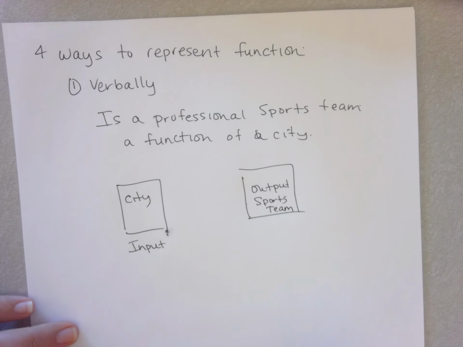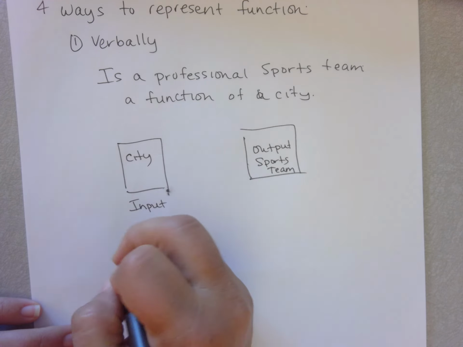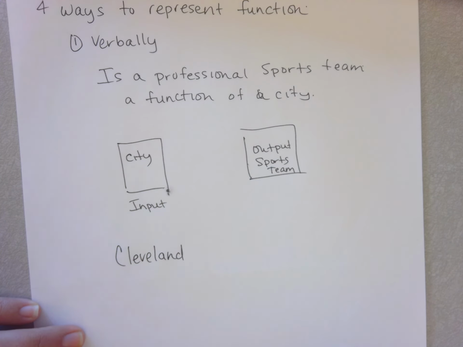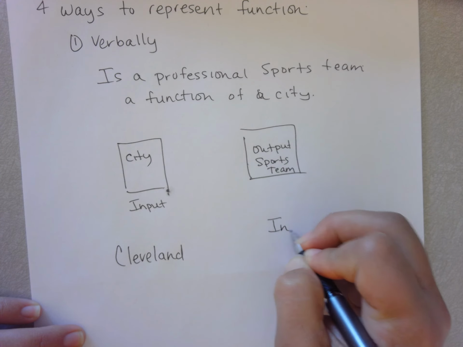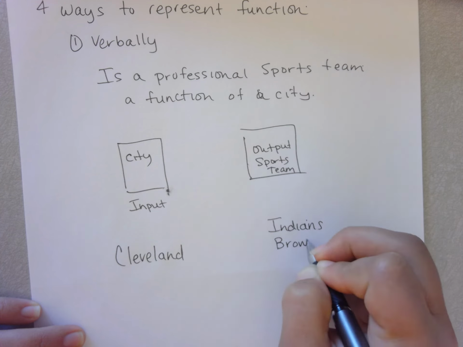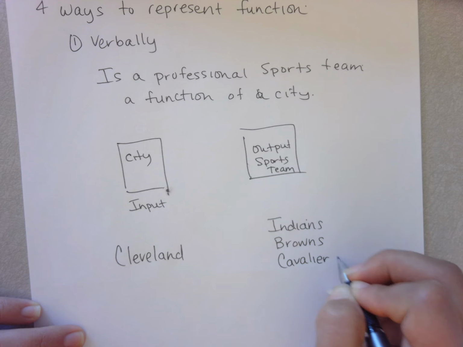Okay, so let's think about this a second. Let's choose a city. Since we're in Ohio, we'll choose Cleveland. Is Cleveland a function of its sports team? We'll just say professional sports teams. There's the Cleveland Indians, right? They're currently playing baseball. There's the Cleveland Browns, and there's also the beloved Cleveland Cavaliers.